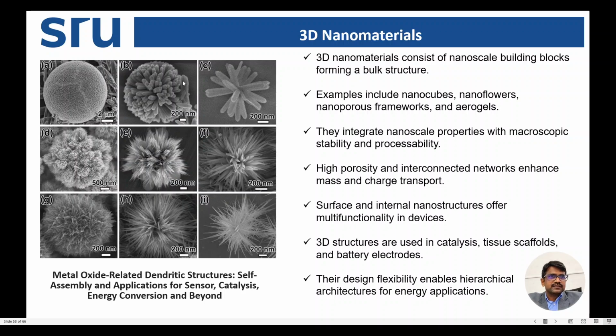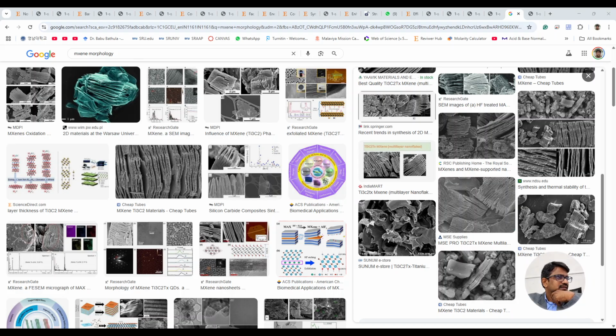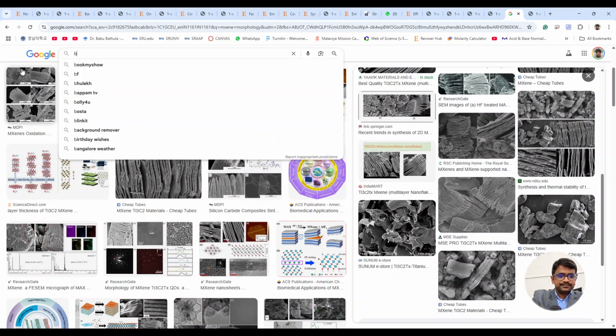The sphere, right? See this flower type. We have seen in an earlier lecture the biomimicry of nanomaterials. I will show you what biomimicry of nanomaterials is. It looks very interesting.